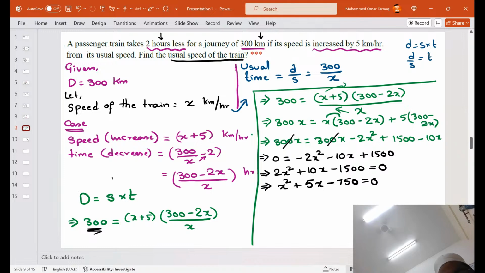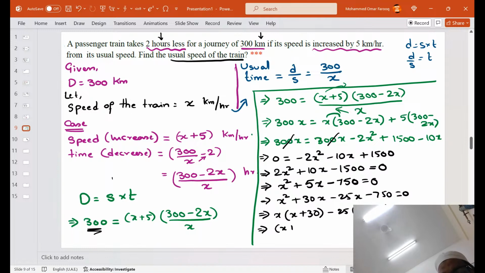So yes, I can write the middle term as x square plus 30x minus 25x minus 750 is equal to 0. This implies taking x common from the first two terms, x plus 30, and taking minus 25 common from the others, it is also x plus 30, is equal to 0. Taking x plus 30 common, it becomes x plus 30 into x minus 25 is equal to 0.